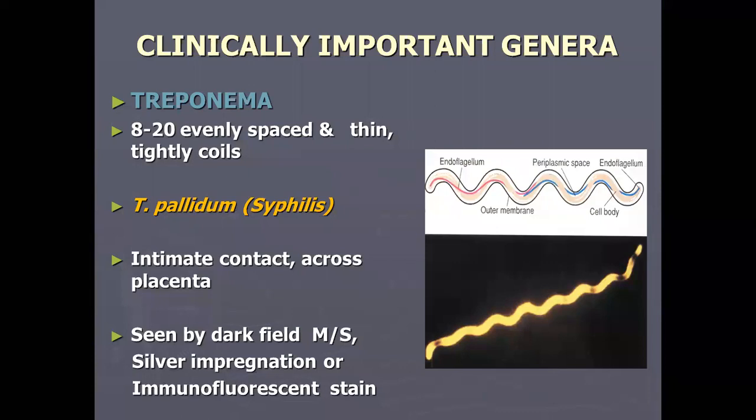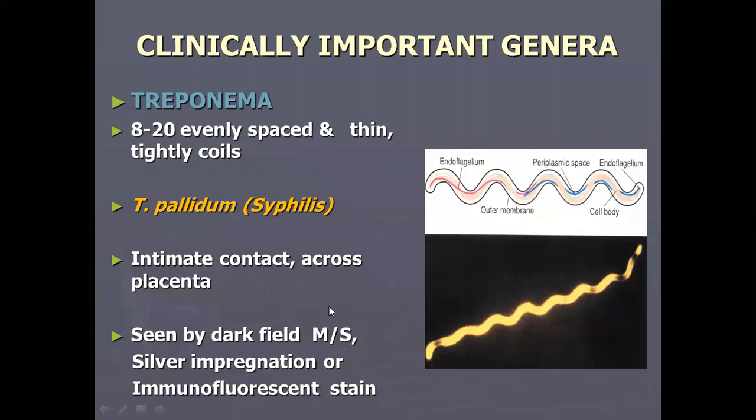We will take the species in detail. Now, Treponema pallidum, its transmission is through intimate contact. Sexual transmission is there, and it can also cross the placenta. So it can cross the placenta, and it can be spread through sexual contact.